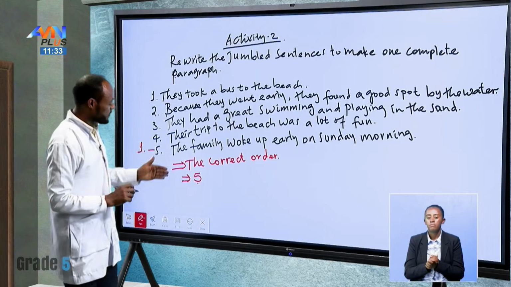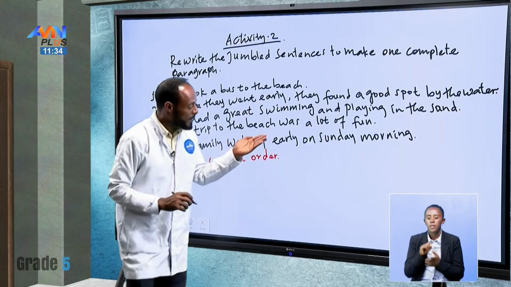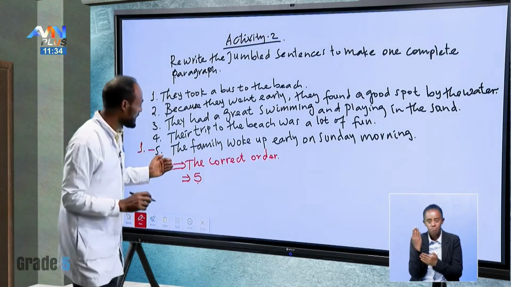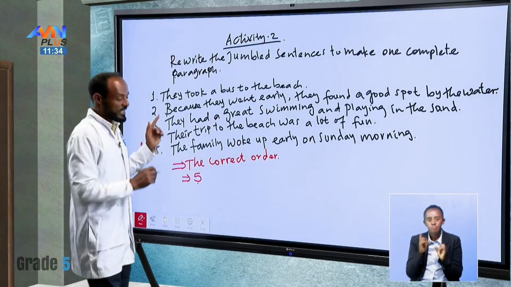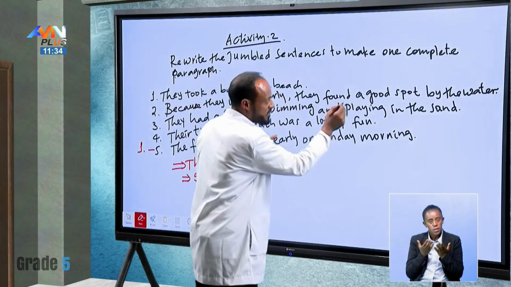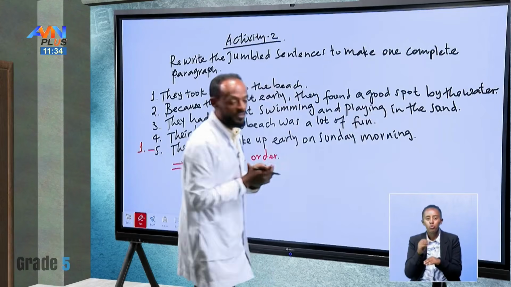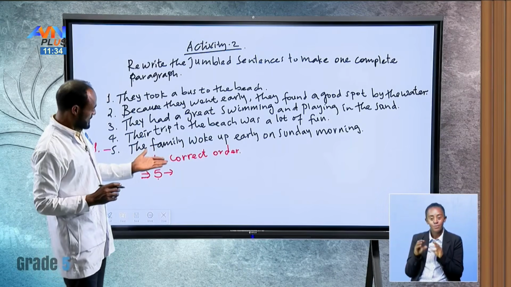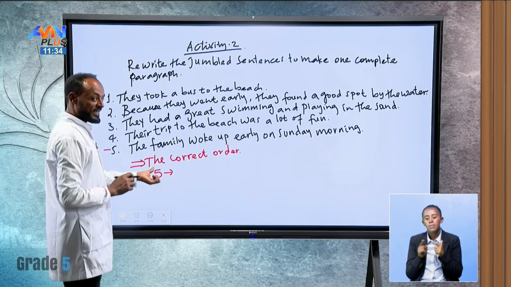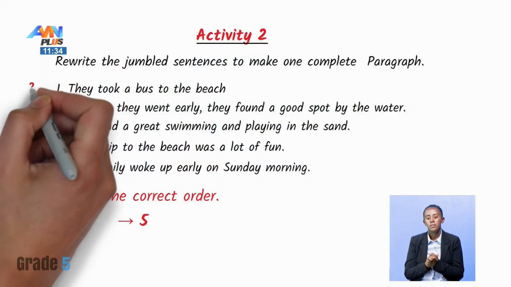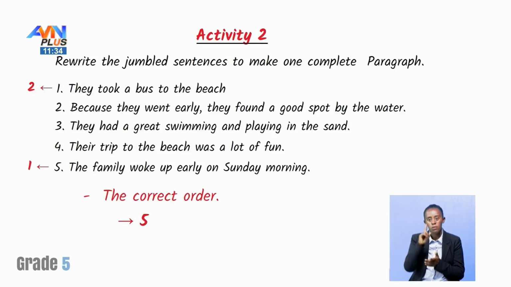Then the second one, the family woke up early on Sunday morning. Then, because they went early, they found a good spot by the water. Okay, student, the first one is this one. What about the second? The second one will be number 1.